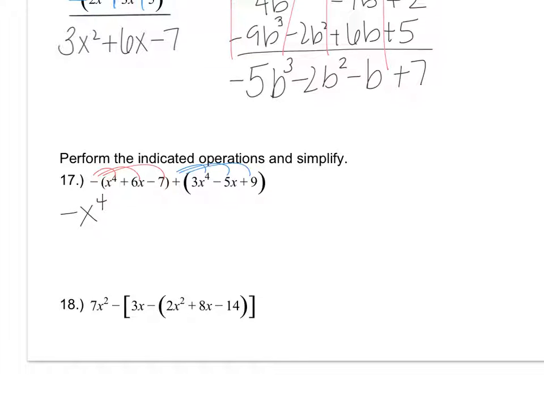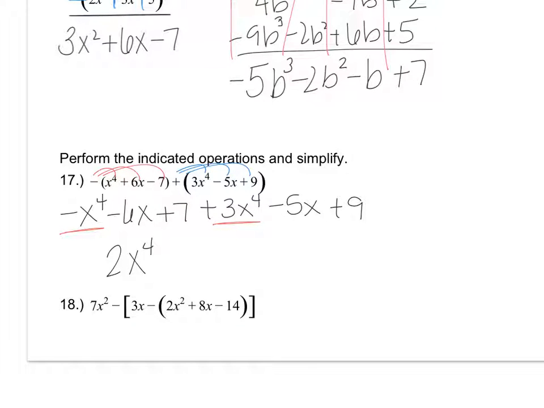So we have minus x to the fourth minus 6x plus 7 plus 3x to the fourth minus 5x plus 9. Looking for my like terms, I have minus x to the fourth plus 3x to the fourth, so that's 2x to the fourth. I have minus 6x minus 5x, so that's minus 11x. And then plus 7 plus 9 is, of course, plus 16.